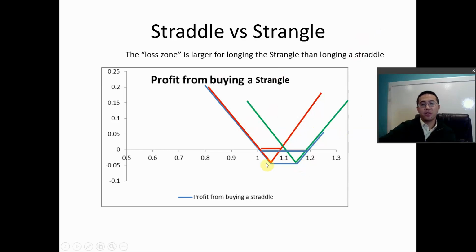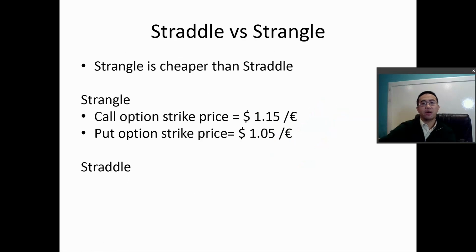It has a higher strike price. Still, the loss zone for the green curve is smaller compared to the strangle. So the reason they both exist is that the better one is more expensive, and the worse one is cheaper. The strangle is the cheaper one, and it is worse because it has more loss zone compared to the straddle.